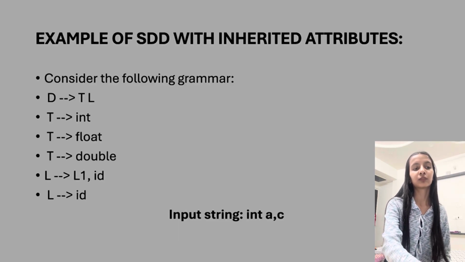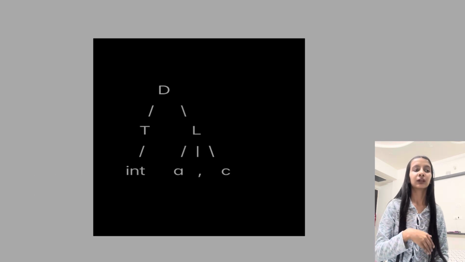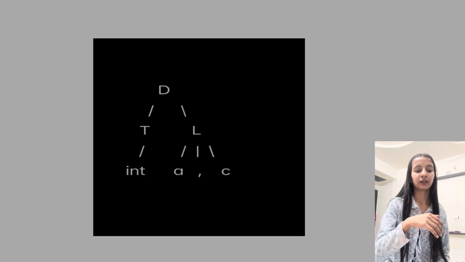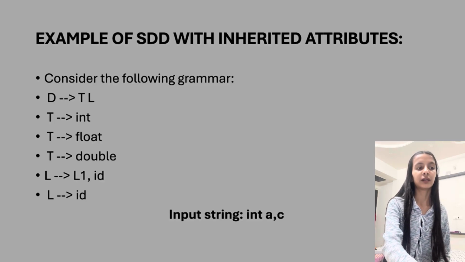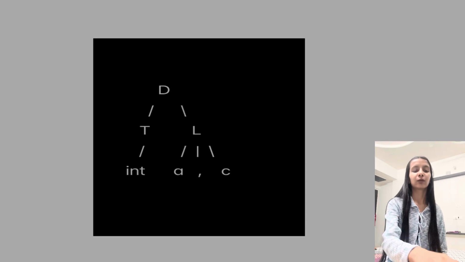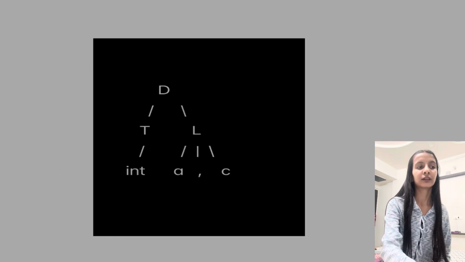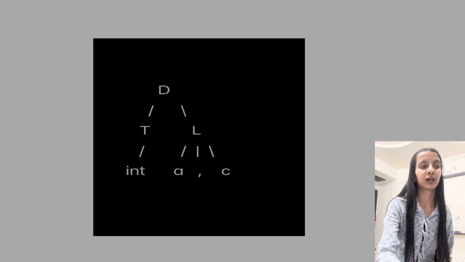But in the input string we have int, so we will write int below the T. Then L gives L1 comma id. So L1 will be a, the comma is there, and then id will become c. This is the parse tree.